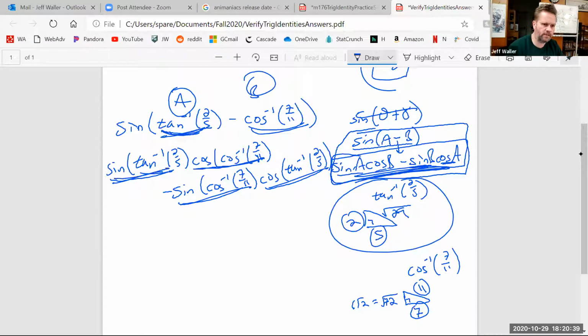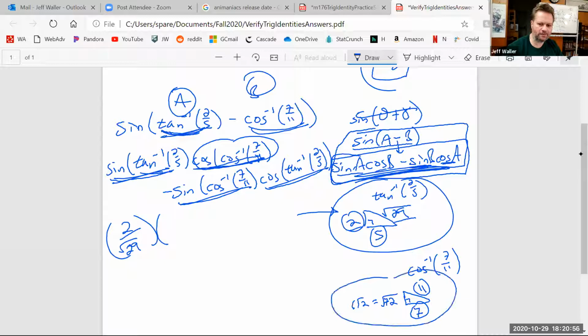So sine of this triangle is just 2 over rad 29, times cosine. Well, this one is easy. What's the cosine of this triangle? 7 over 11, because I already knew the cosine was 7 over 11.